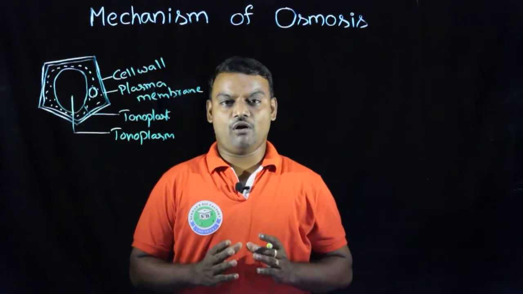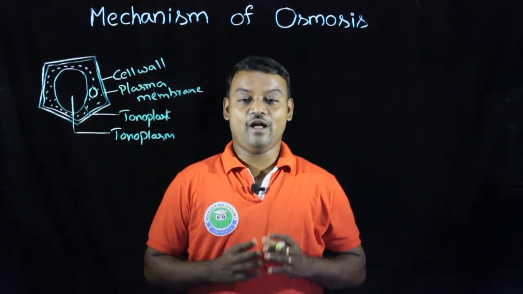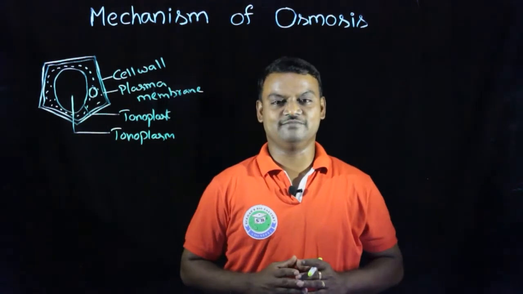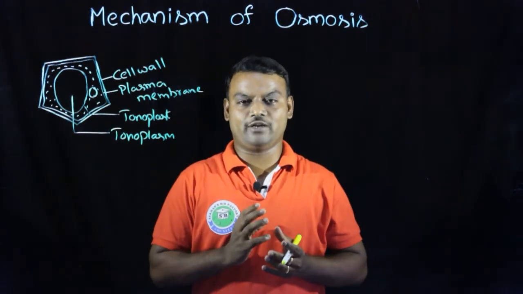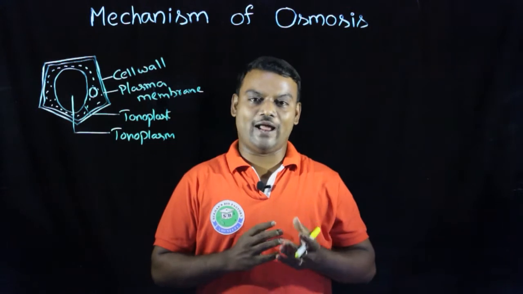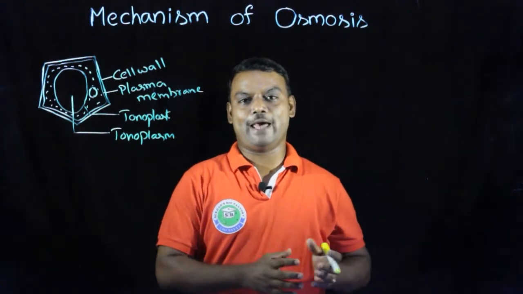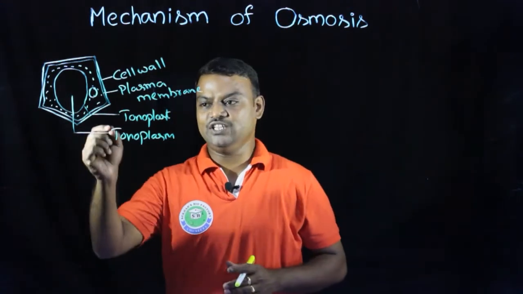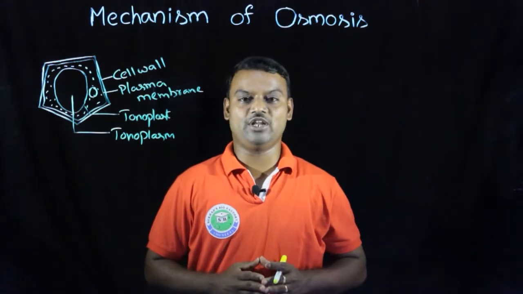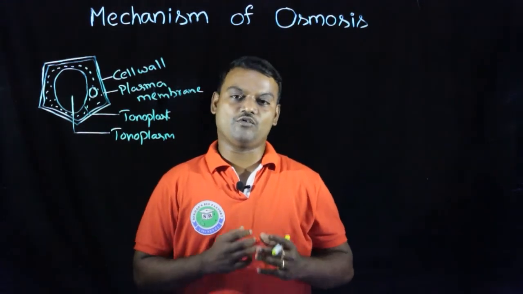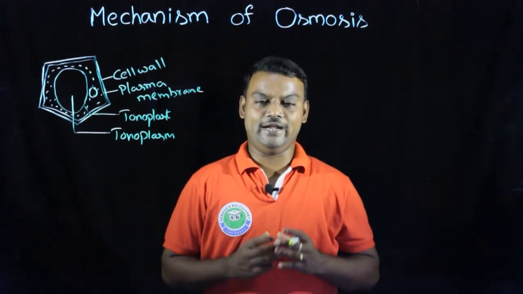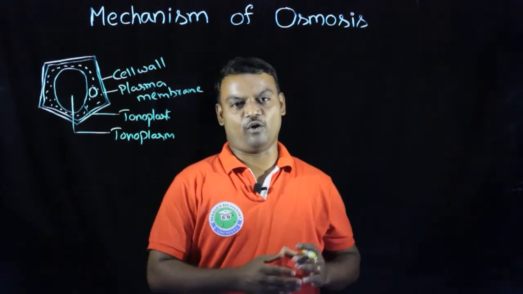The main function of this vacuole is osmotic regulation, and it plays an important role during the movement of water from one side to another side through a semi-permeable membrane, and the tonoplast has the capability to perform active transport against the concentration gradient, and it regulates osmosis process.